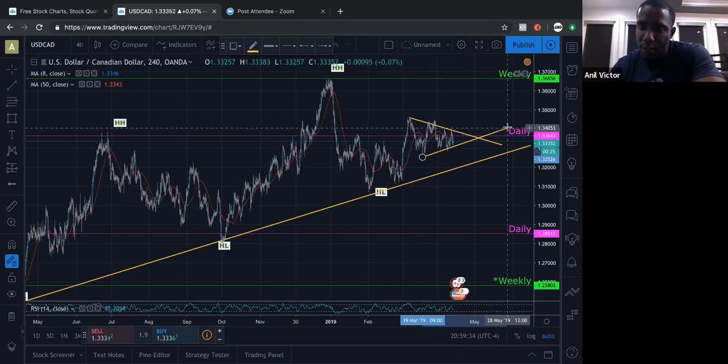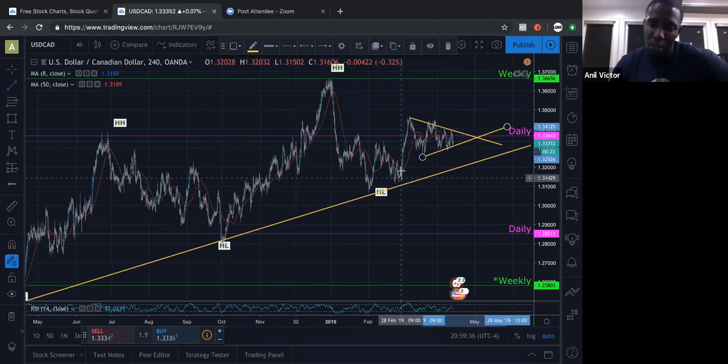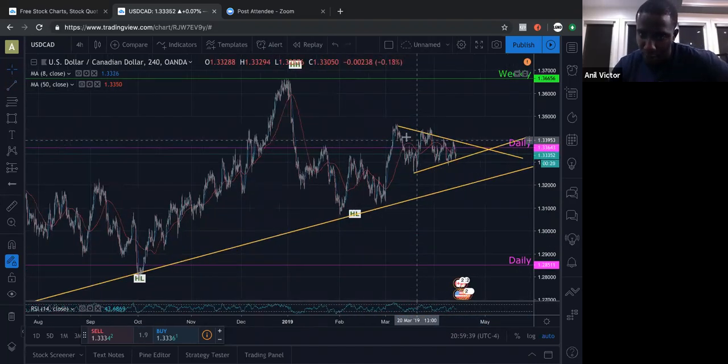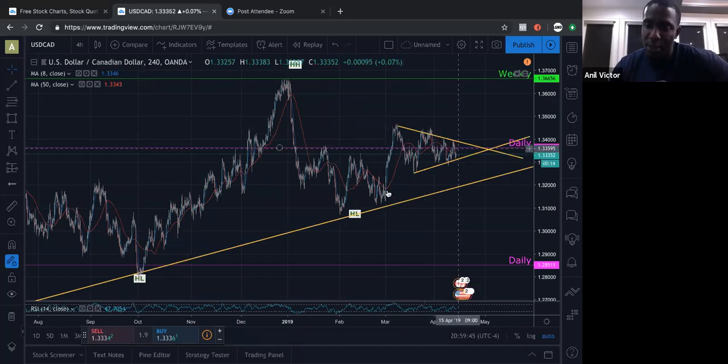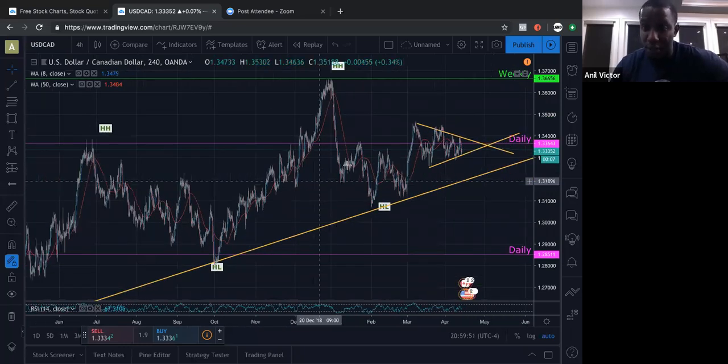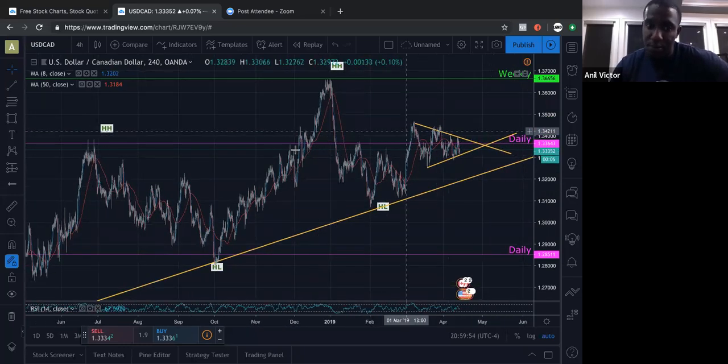Why? Because price is declining from a top perspective as well as increasing from a support perspective. So we got that taking place right there in that area. So we know that's some type of triangle taking place at the daily level, which is significant because this is the key level that we know about.